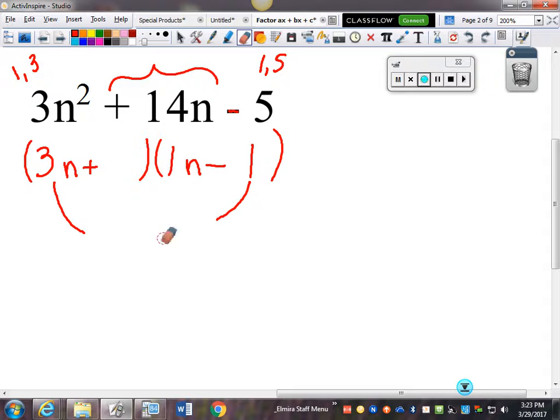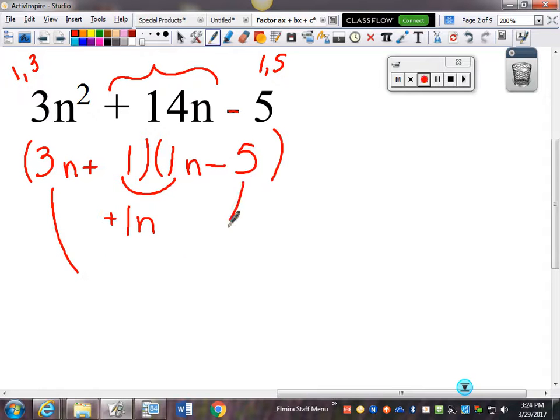Okay, I'm going to try switching something. What should I switch? Maybe I will try the 5 here and the 1 here. That gives me 1 times 1n, which is 1n, plus a 3n times the minus 5, which is minus 15n.